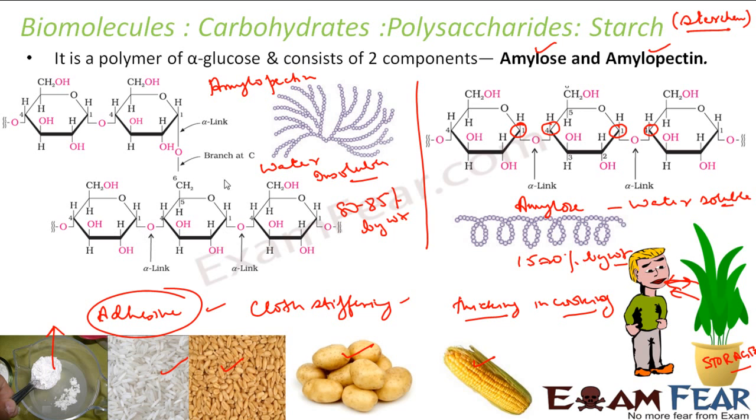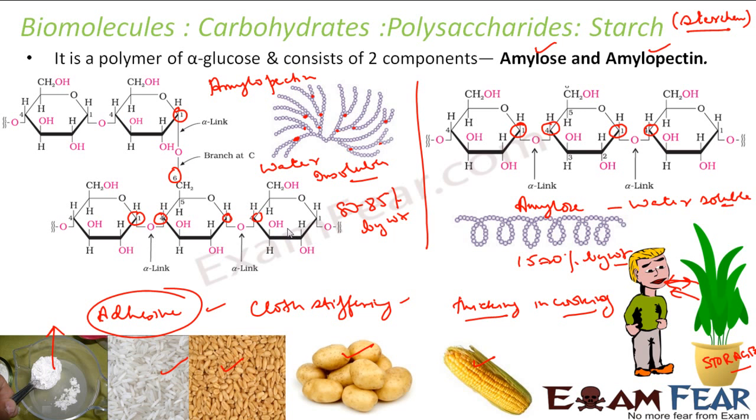This part is similar to amylose, with C1-C4 linkage, but there is also C1-C6 linkage, and this creates the branch. The straight parts are all C1-C4 linkages, but the moment you talk about a branch, it is a C1-C6 linkage. Because of these branches, it is little water insoluble. They are pretty heavy.